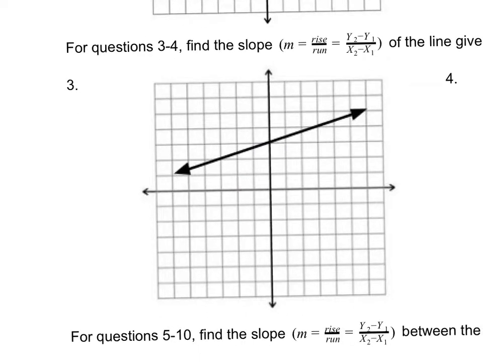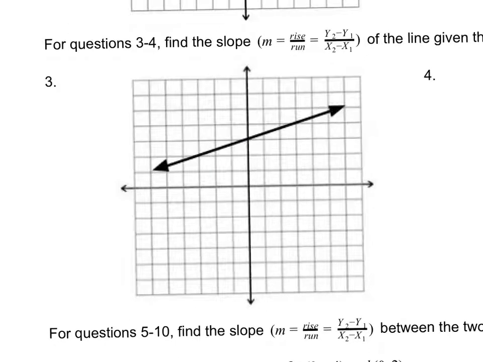Number 3, this next section of problems, we want to find the slope given a line on a graph. Slope, they remind us here in the directions, is usually expressed with the variable m.